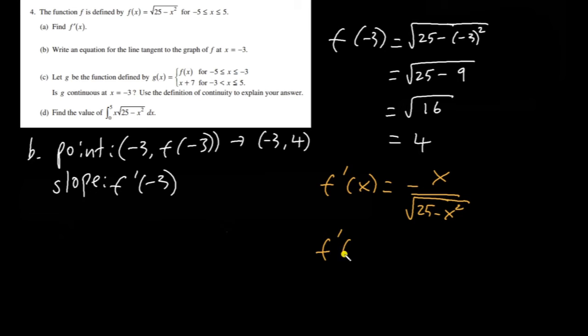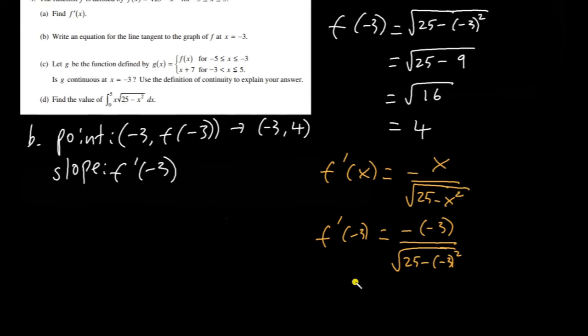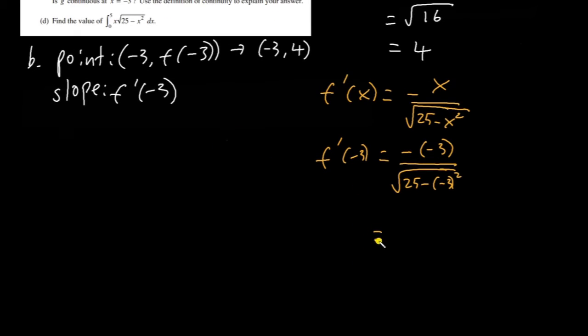So f prime of negative 3 equals negative of negative 3 over the square root of 25 minus negative 3 squared. The negatives will cancel, so we get positive 3 over, and like we said before, this thing is equal to 4. So f prime of negative 3 is equal to 3/4.